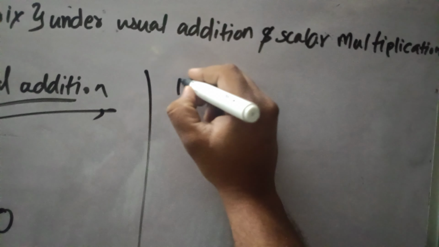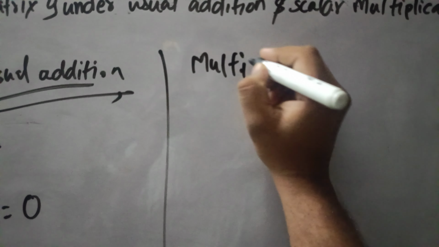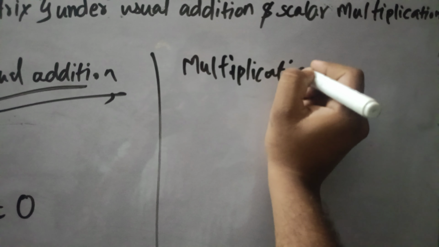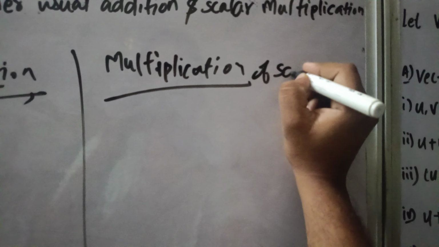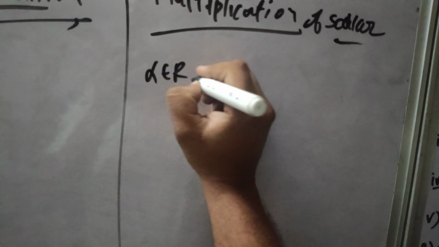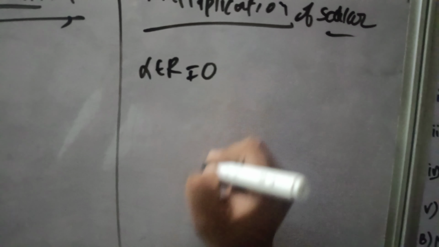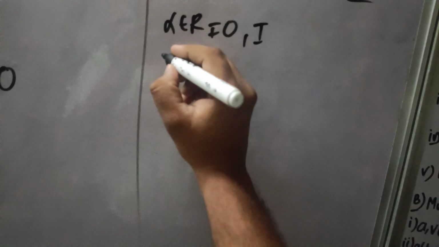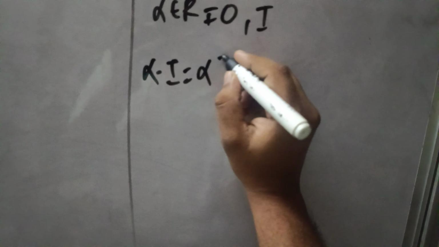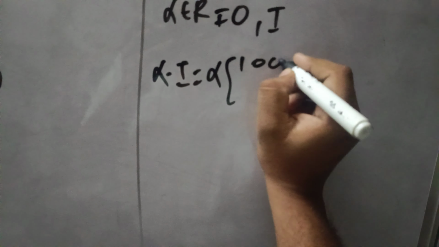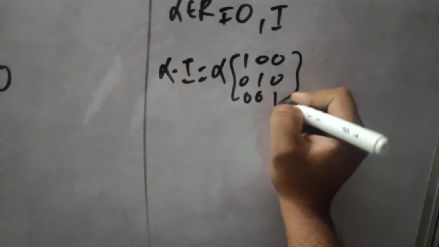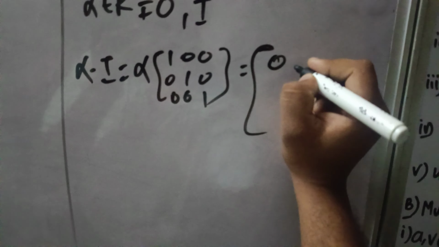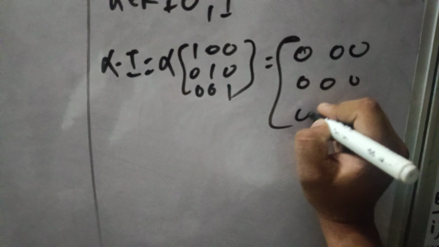Additionally, let us take multiplication of scalar. Let us take alpha, which belongs to a real number, as 0, and let us take any 3 by 3 matrix, let us say I. When we multiply this, we get alpha into I, which is a 0 matrix.